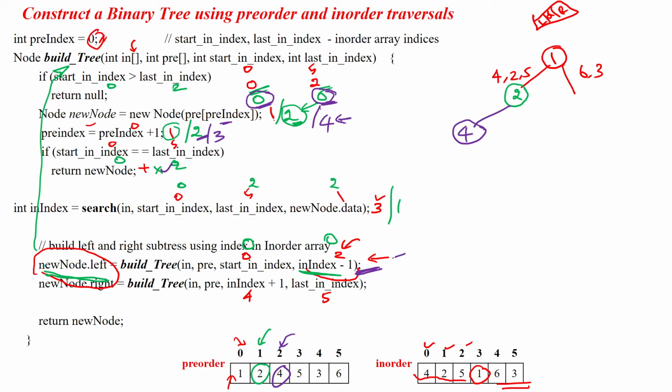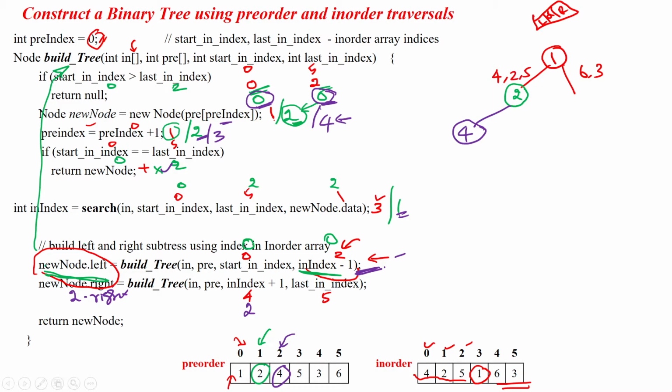Once 2 dot left is over, in the next line we have to identify 2 dot right. For 2 dot right, what is the inorder index? The inorder index here is 1, so 1 plus 1 is 2, and we pass that as the start index.